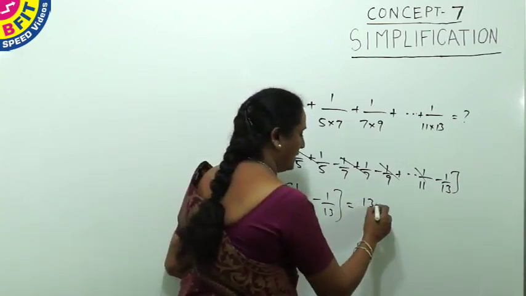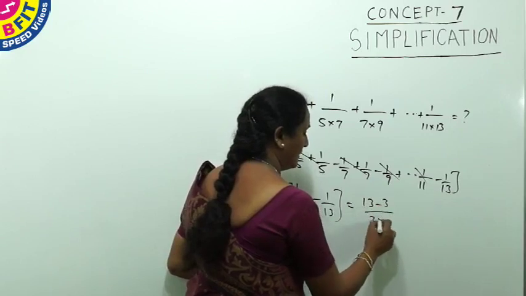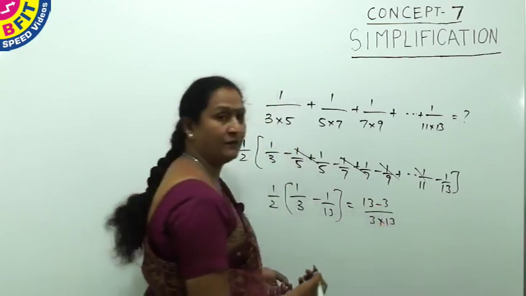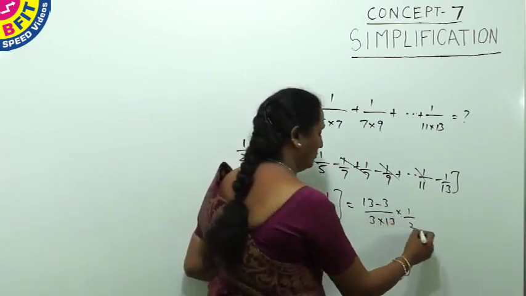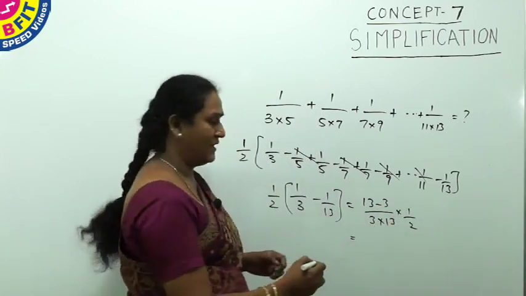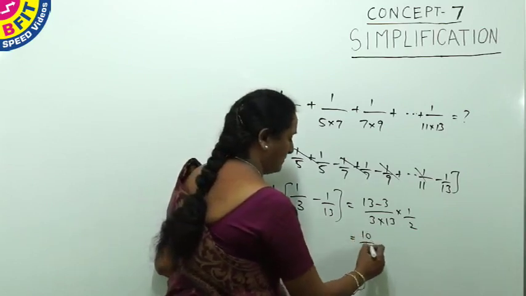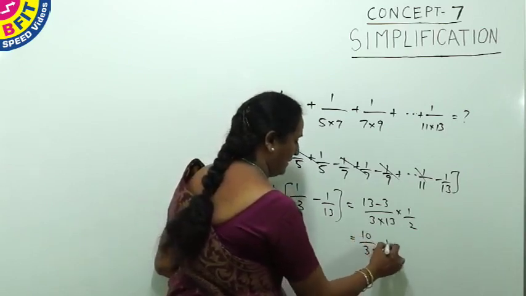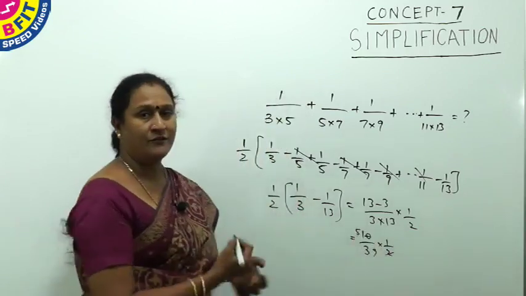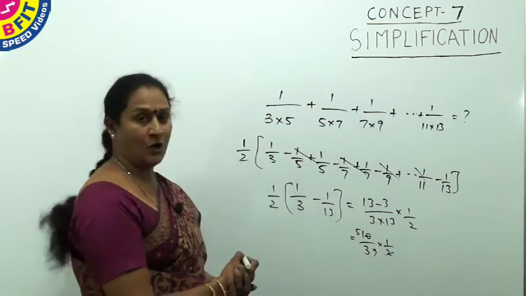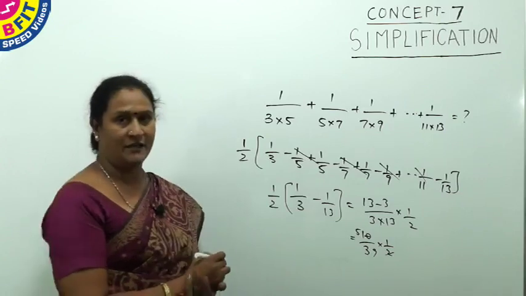It is 13 minus 3 by 3 into 13. So 3 into 13 is 39, into 1 by 2. 13 minus 3 is 10, by 39 into 1 by 2, which is 5. So the answer is 5 by 39. So it is option C, 5 by 39.